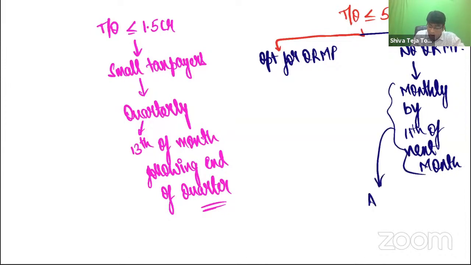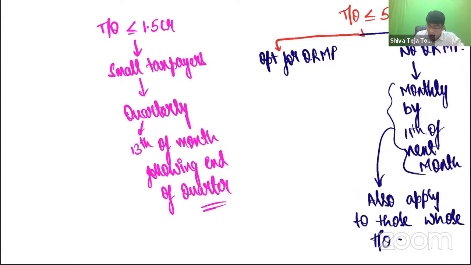And this concept will also apply to those whose turnover is more than 5 crores. For those category of persons, straight away the concept is they will file the GSTR1 on monthly basis by 11th of next month.